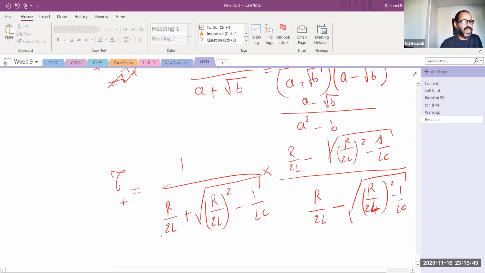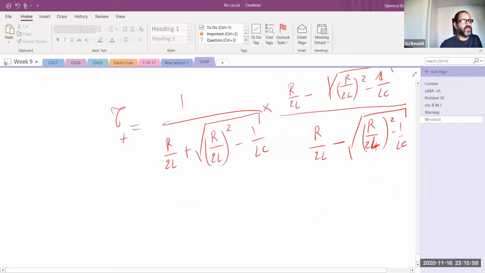Okay, if we do that, in the denominator I will have this term squared minus just this argument in here, and the minus will be positive. I'm doing it for you guys for tau plus. Hopefully you guys can do it for tau minus.